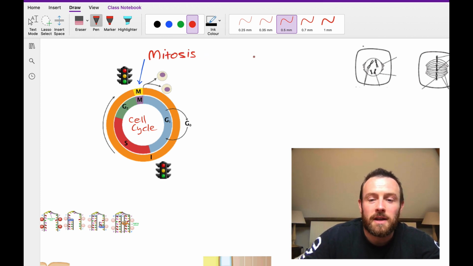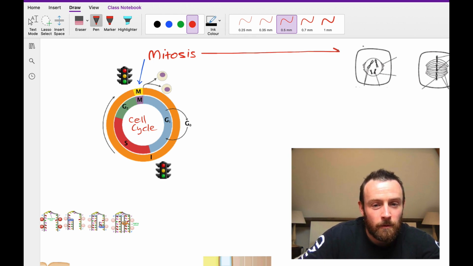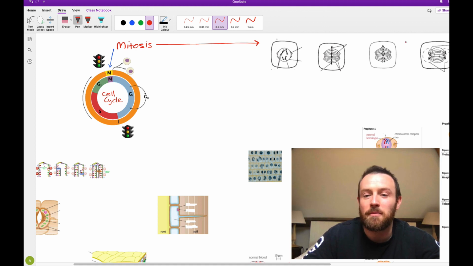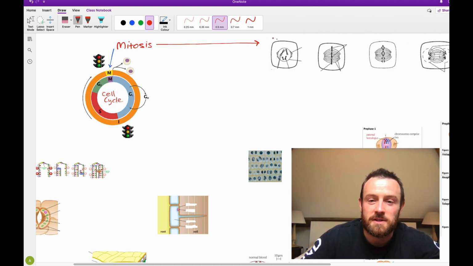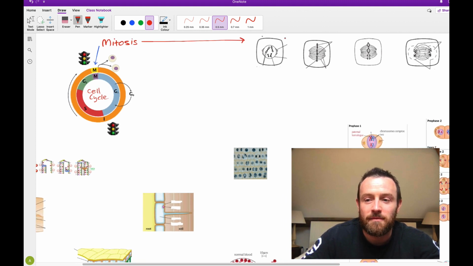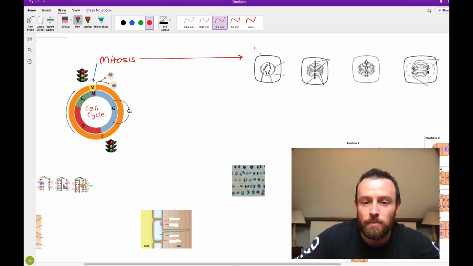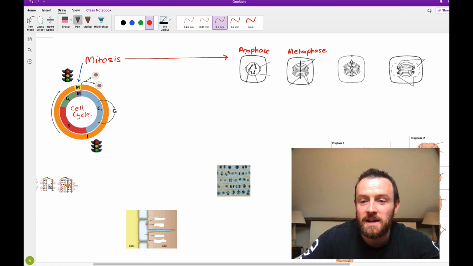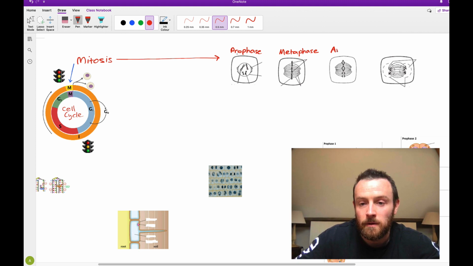And we're going to look at mitosis in more detail over here. These are the subphases of mitosis. More on those later, but we call them prophase, metaphase, anaphase, and telophase.